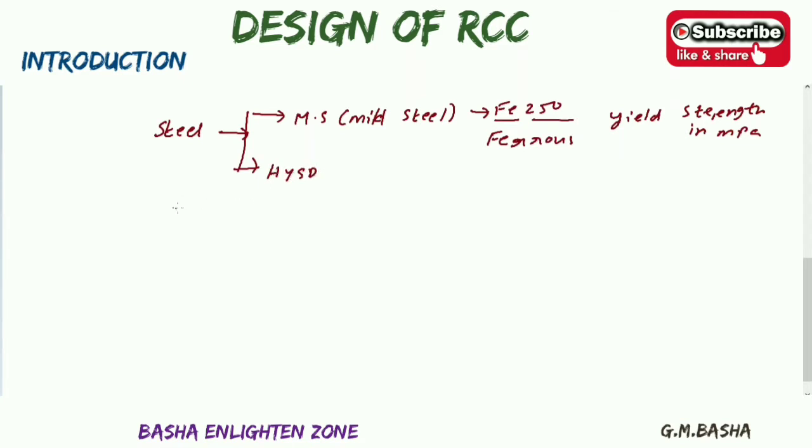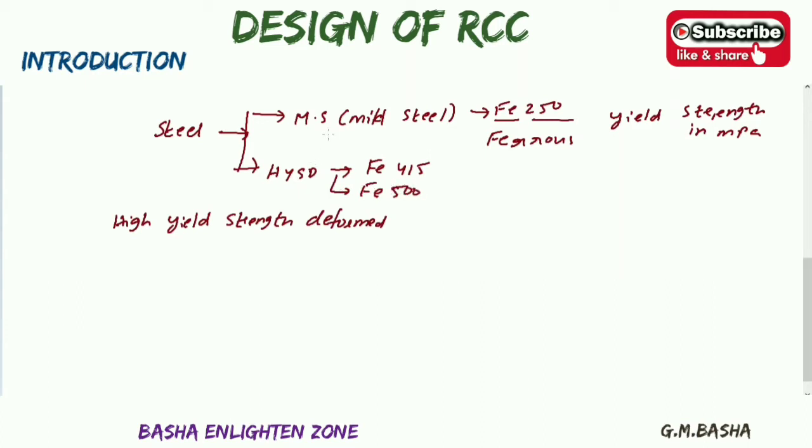And then there is HYSD, which is high yield strength deformed bars. In that there will be two types: one is Fe 415, another is Fe 500.